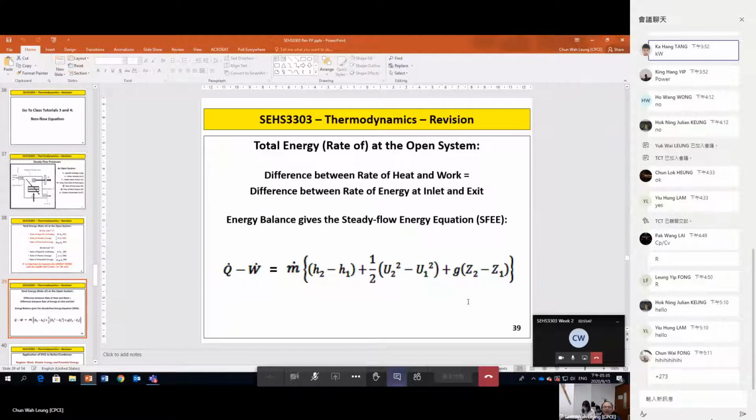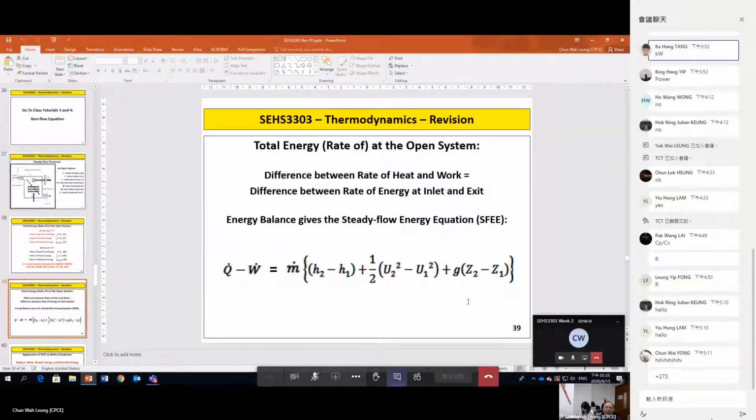Therefore, it gives us what we call the steady flow energy equation. Here, Q dot is the rate of heat transfer in kilowatts. W dot is the power or the rate of work done, also in kilowatts. M dot is the mass flow rate, in kilograms per second.